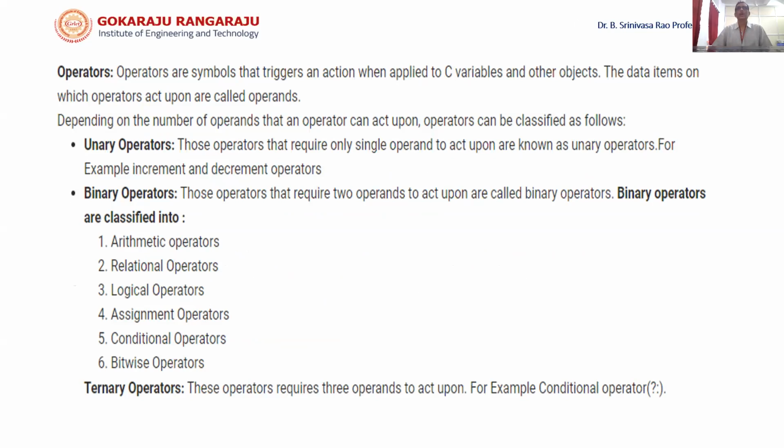Now look into the operators. Operators are symbols that trigger an action when applied to C variables and other objects. The data items on which the operators act upon are called operands.